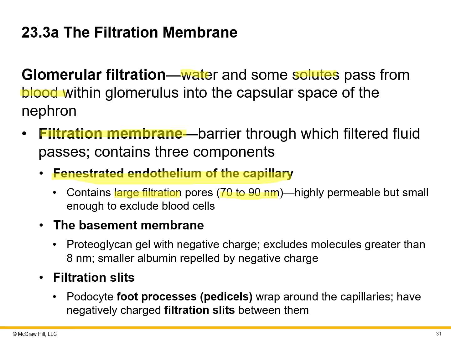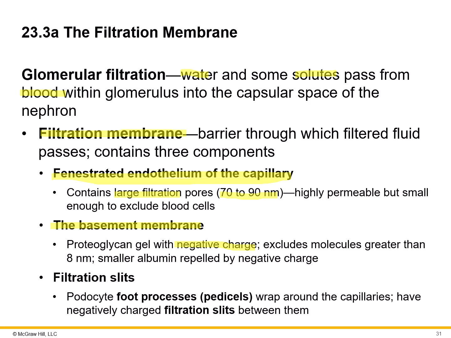Right after that, we have what's called the basement membrane. Now, this is essentially a proteoglycan gel, and it has a negative charge, which is very helpful for us. Because remember, with charges, opposites attract and like charges repel.